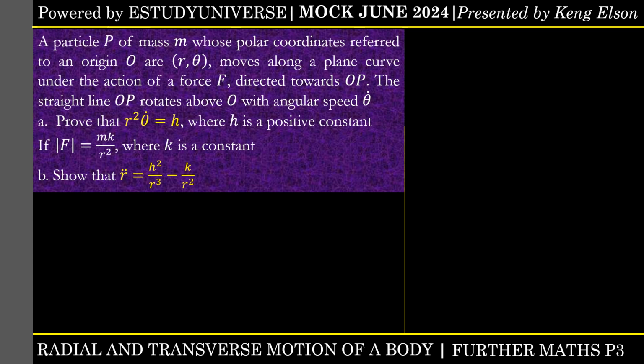Alright, so we are going to begin with proving that r squared theta dot is equal to h. Now, getting back to the question, we have a particle whose mass is m, moving along a curve under the action of a force directed towards O. First of all, I want you to visualize it in this way. If you are moving along a curve, then you have 2 components.